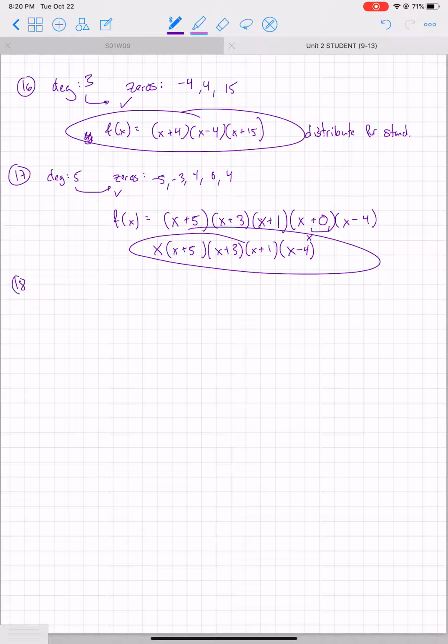Next up, 18. We have a scenario here. After finding a polynomial with real coefficients of a given degree with given zeros, how could you use a graphing calculator to check your answer? We can use the answer above. So we have a given degree, we have our given zeros.